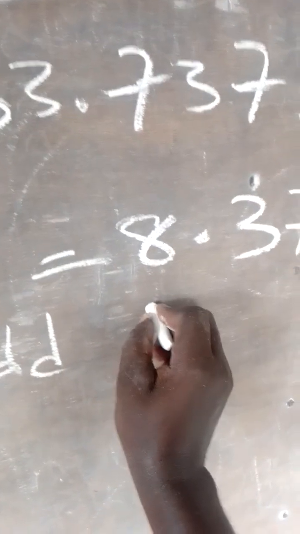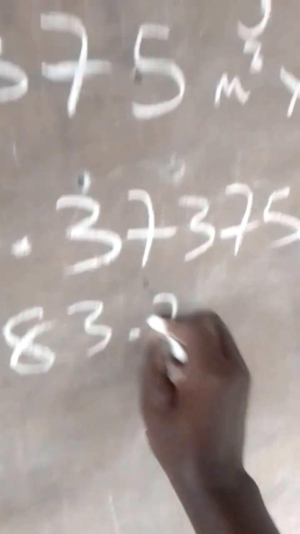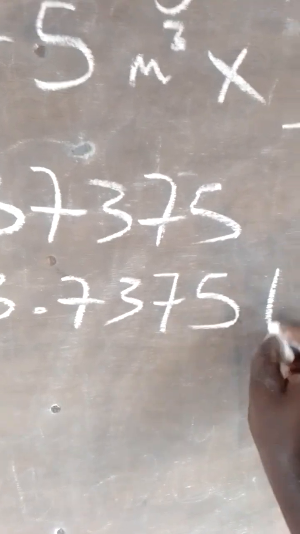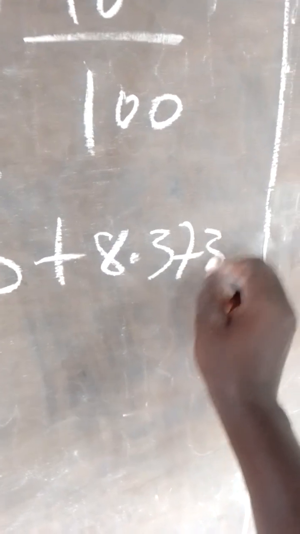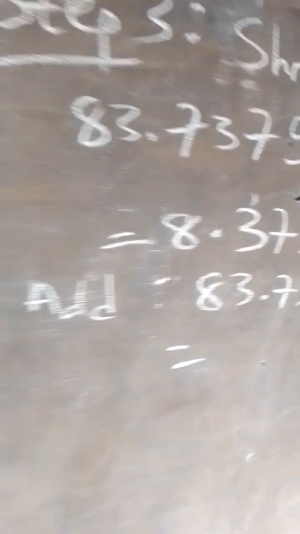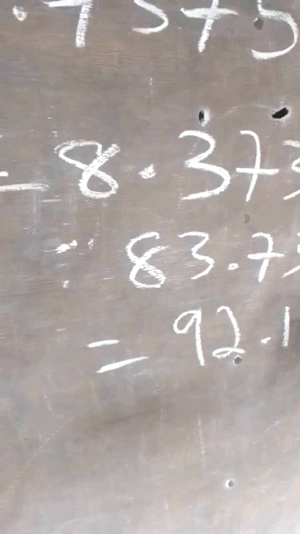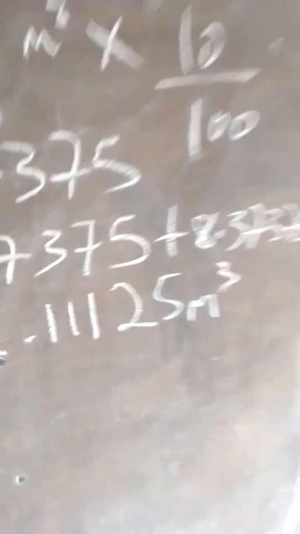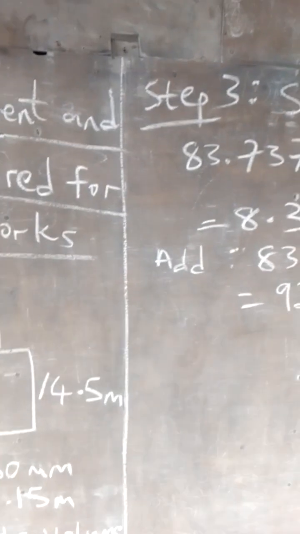Add it together: 83.7375 plus 8.37375 is equal to 92.11125 meter cube. Okay, we are done with the third step, that's the shrinkage factor.